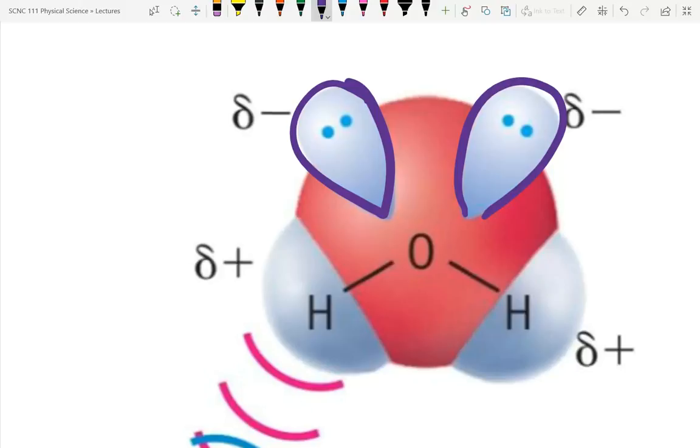Raise the temperature, what are you raising? Still important when we get to chemistry. We're raising the average kinetic energy.